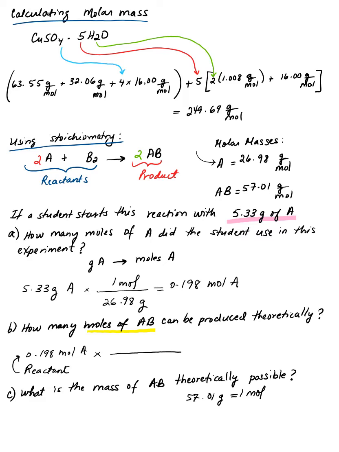If you look at your generic equation up here, every 2 moles of A that you have is going to give you 2 moles of your product AB. So this is what the reaction is telling you. 2 moles of A is enough for you to get 2 moles of AB, assuming that you have enough of your second reactant, which is your B2.